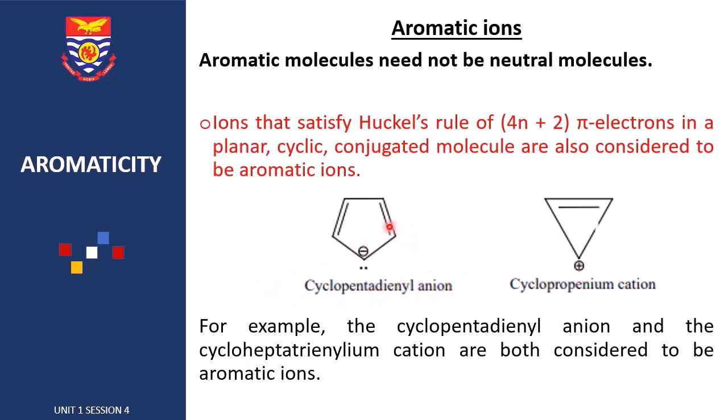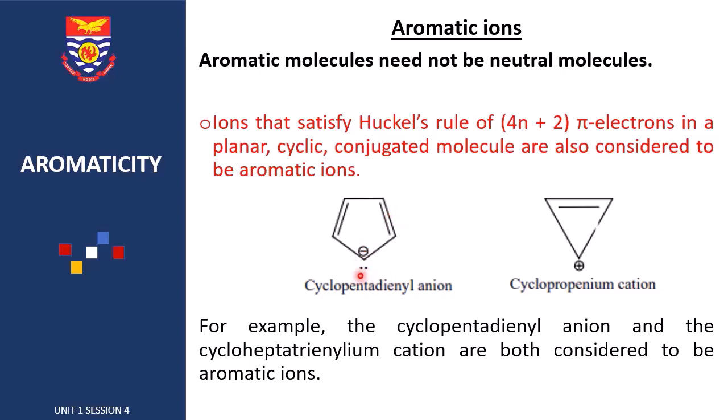So there are basically two pi electrons here, another two pi electrons here, making 4, and then this pair of electrons as well. So basically this compound is an anion, alright, but it has 6 pi electrons which are involved in resonance. So we see that the pi electrons here are delocalized.